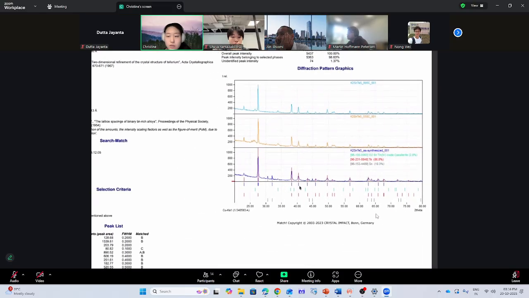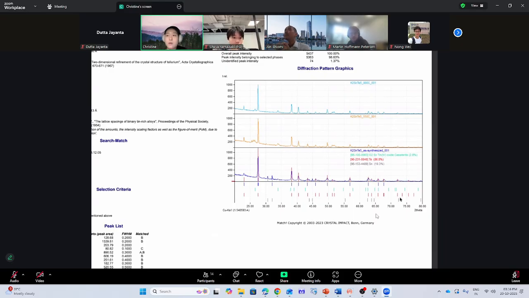As you can see from the phase matching, we got tellurium and tin. Tellurium is red, and tin is the gray part. And my question is, how do we know whether we synthesized the right material?